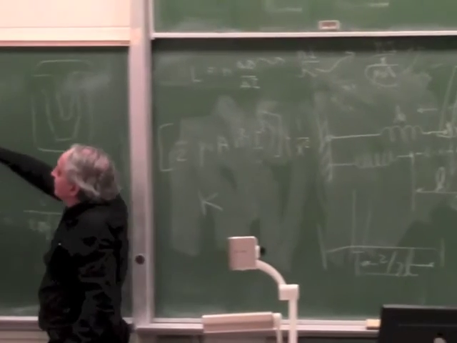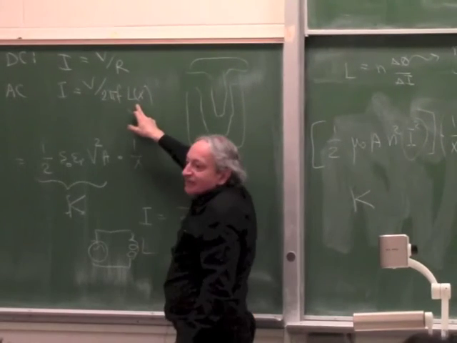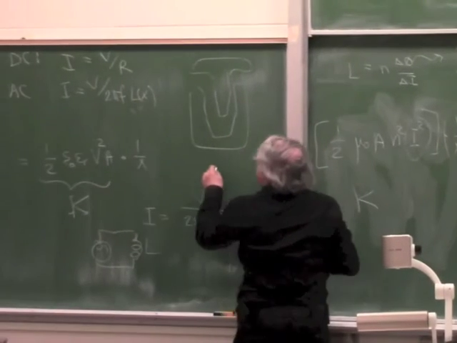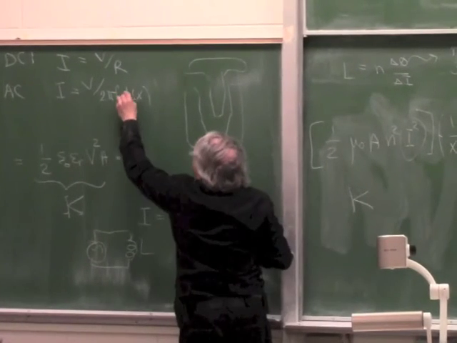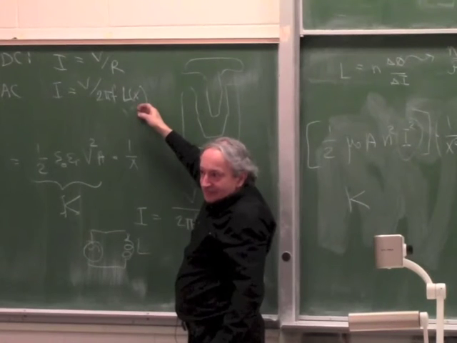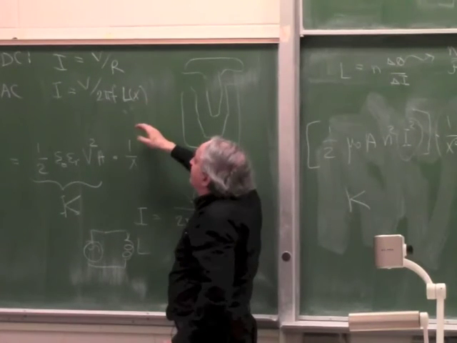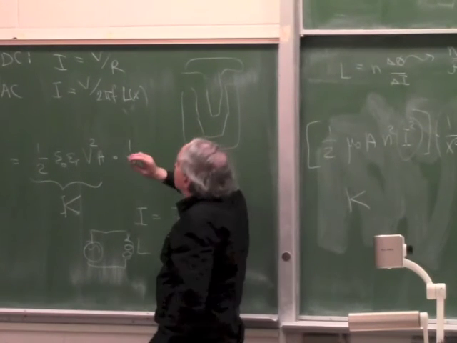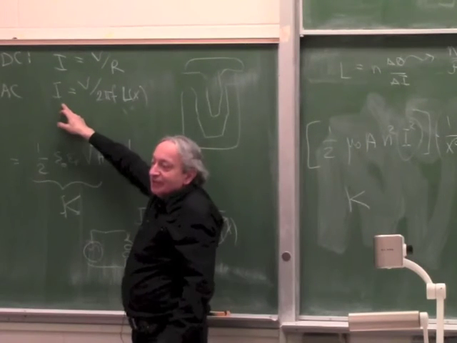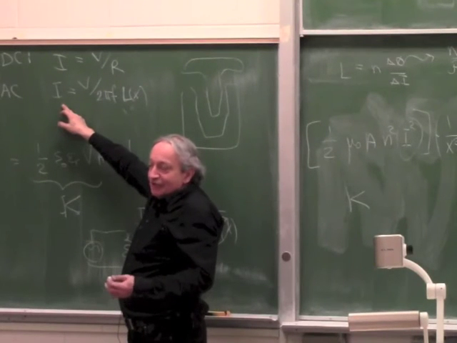Now I is a function of x, and as I showed you before, L is proportional to 1 over x. So if everything was linear, if you halve x, L will double and the current will halve for a given voltage.